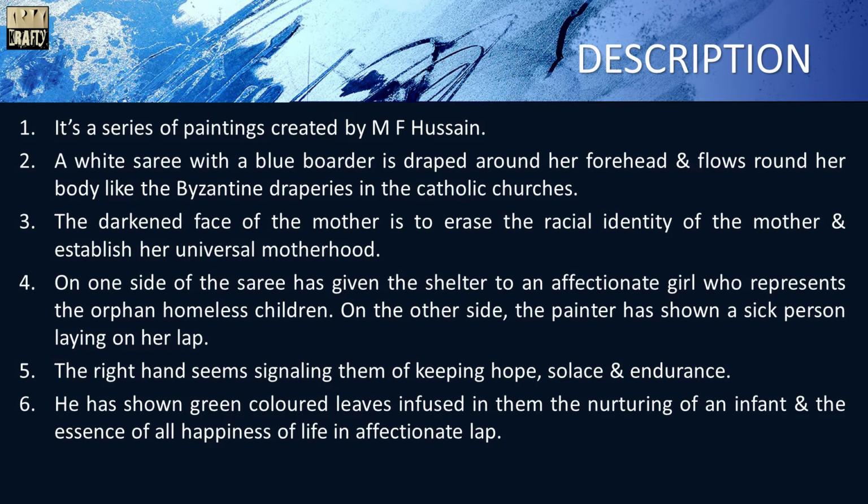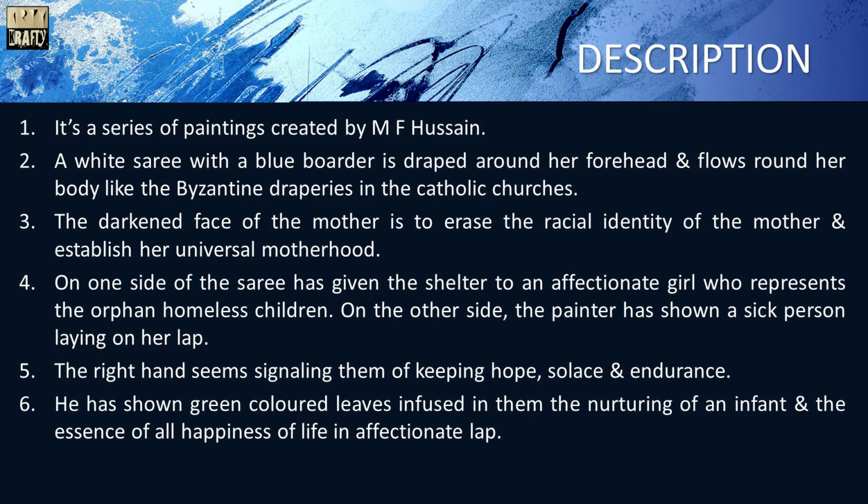A white sari with a blue border is draped around her forehead and flows around her body like the Byzantine draperies in the Catholic churches. The darkened face of the mother is to erase the racial identity of the mother and establish her universal motherhood.